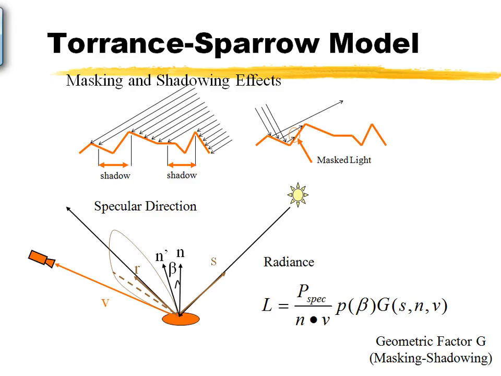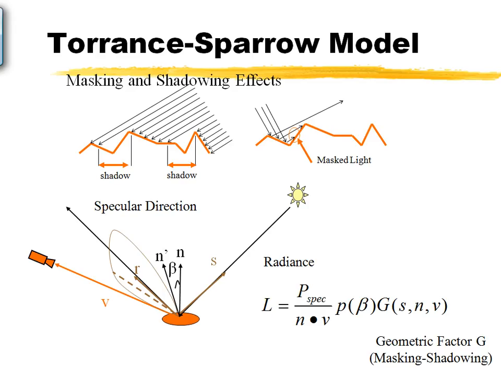And a geometric factor which is expressing what we consider the masking and shadowing effect that occur because of the microfacet geometry. So in general, there are two main components that happen because of the varied geometry. One, you will get shadows because a portion of the surface may never get illuminated, depending on the way it's oriented.